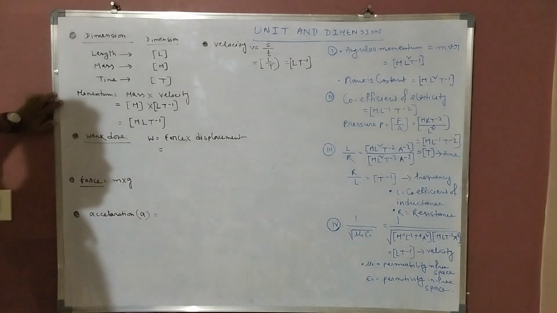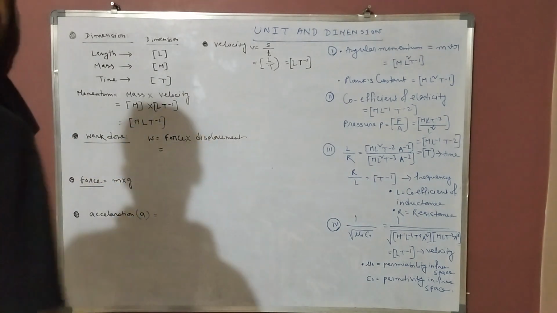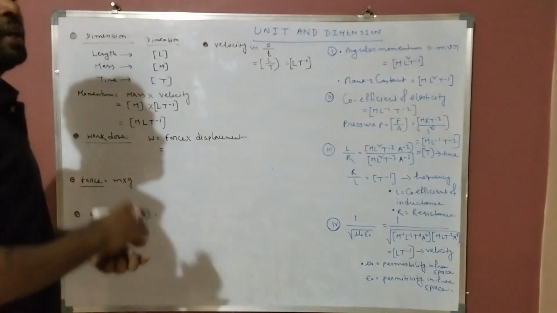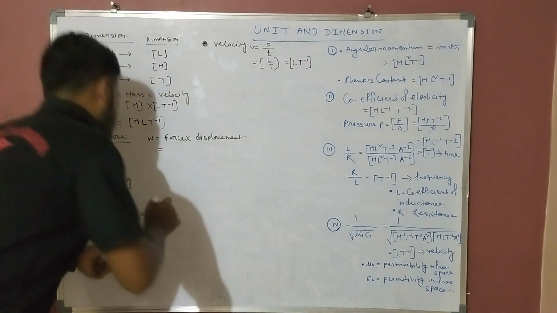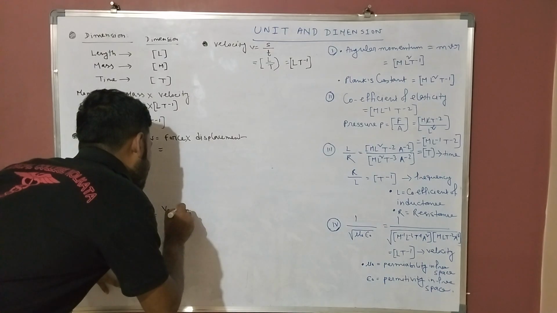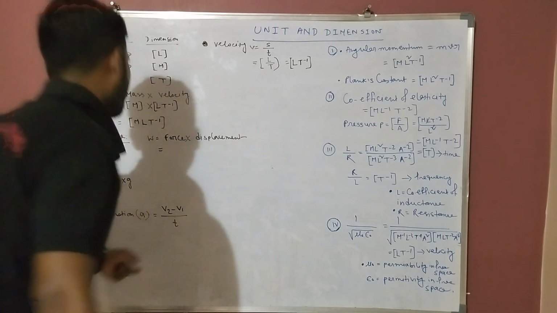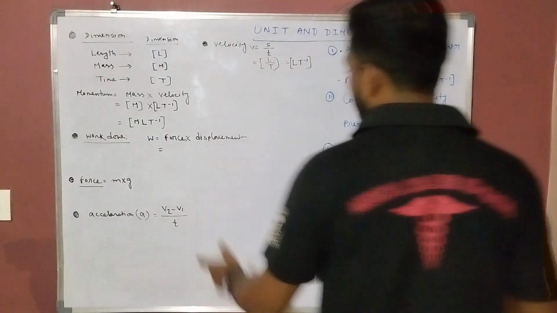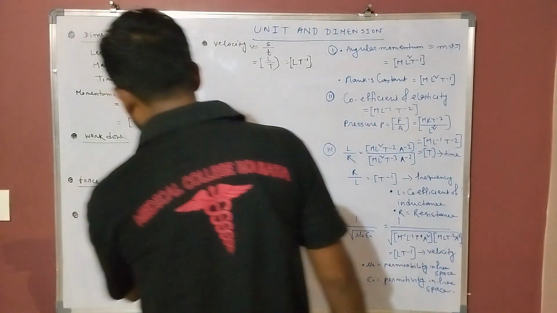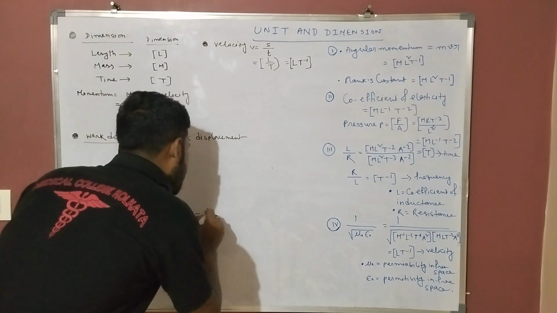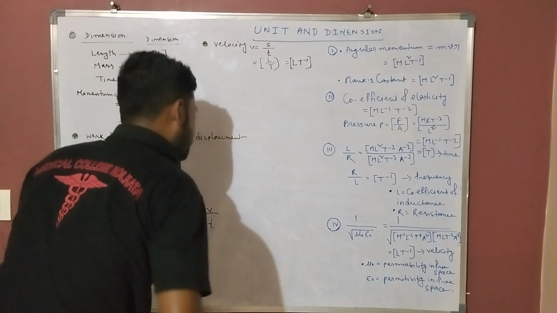Acceleration, we know from the previous year, is equal to the rate of change of velocity. The rate of change of velocity means (v2 minus v1) by t, where t is time, v2 is final velocity, v1 is initial velocity. So change of velocity is also velocity, and time.